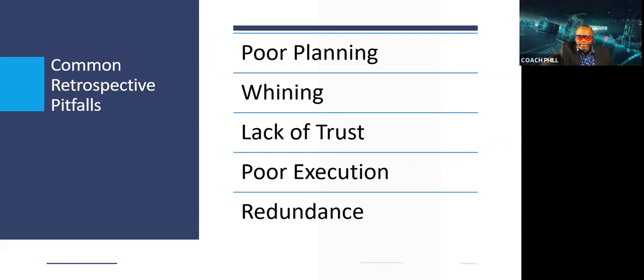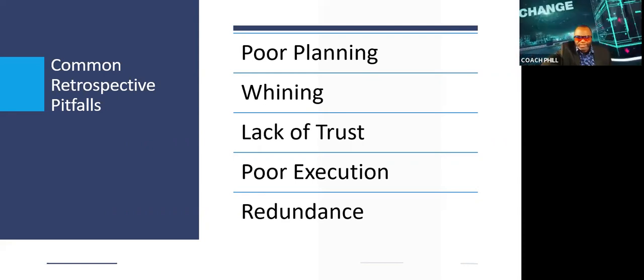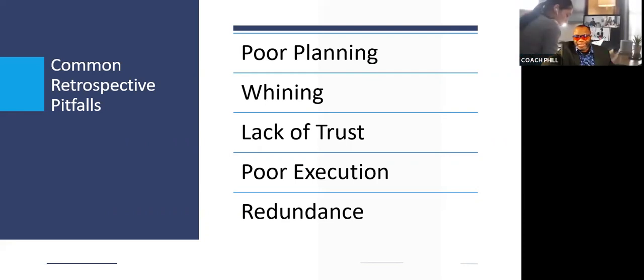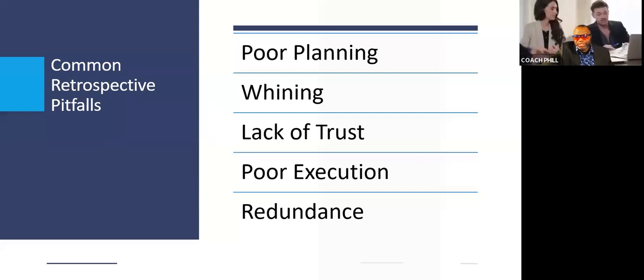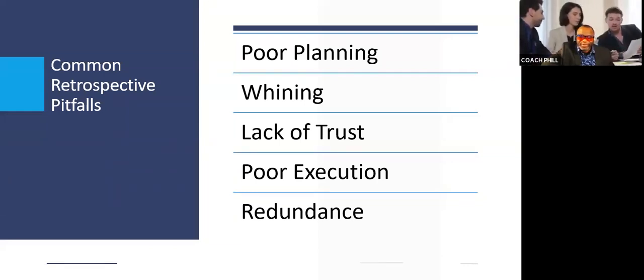All we did was while away time and we gained nothing from it. You don't want that to be the case. Even though a lot of folks view this as useful, there are some naysayers, like I told you in the beginning, who say, why do we have to meet every single sprint or iteration? Poor execution will only buttress their point of not having the retrospective. You want to watch out for that.